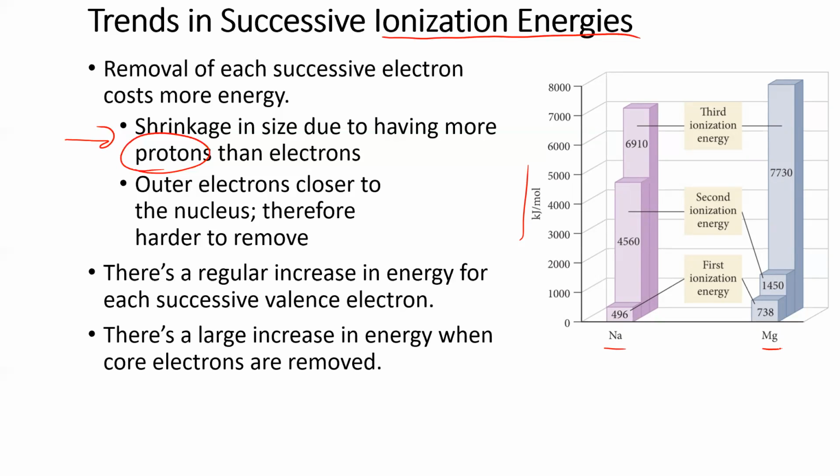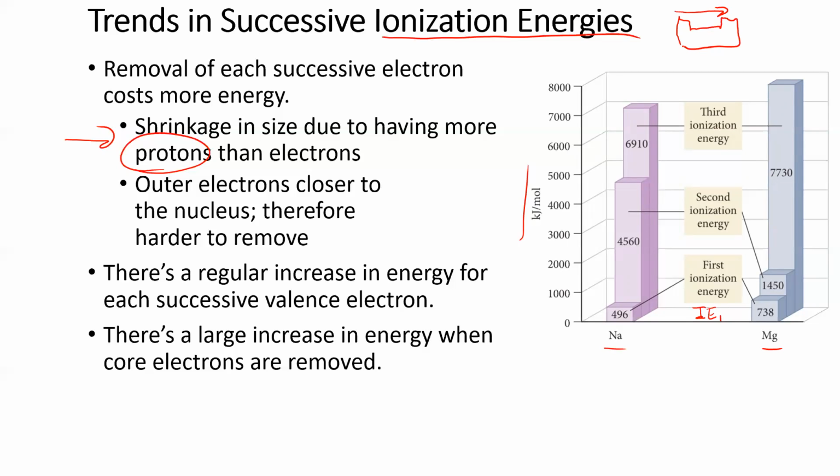The first thing is first ionization energy, which you'll often see written as IE1. It's the amount of energy to remove that electron. If we had a periodic table, as you go from left to right, ionization energy increases.